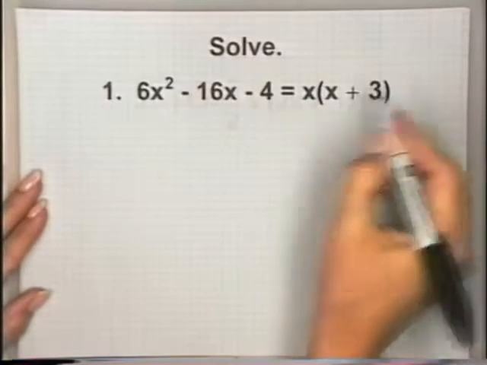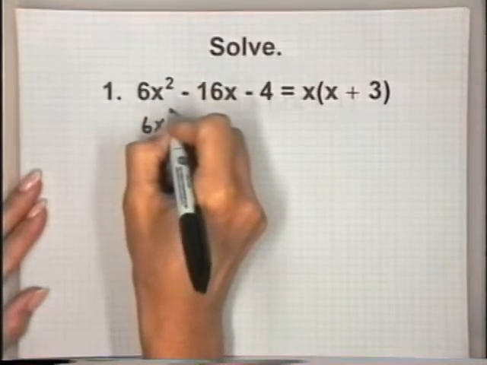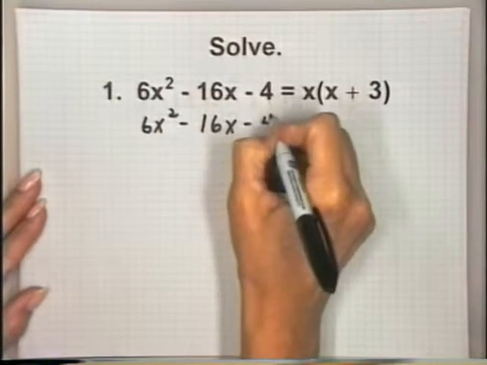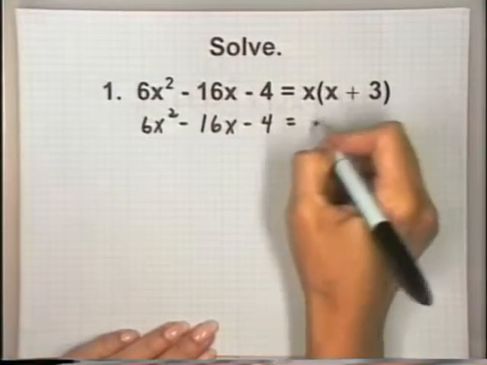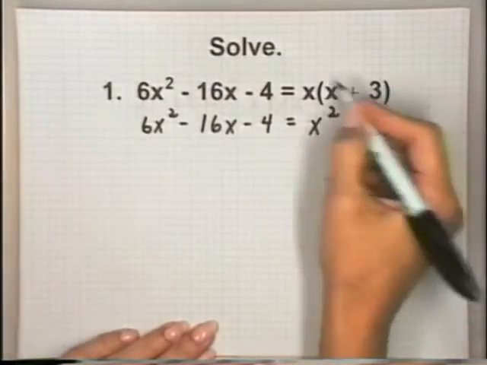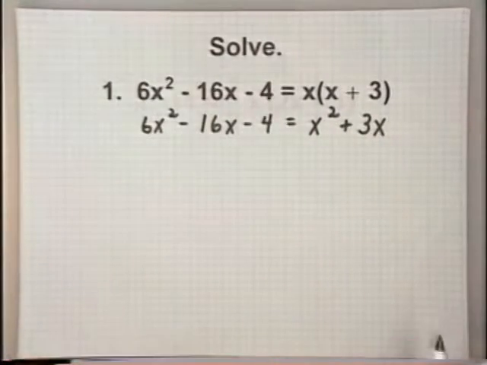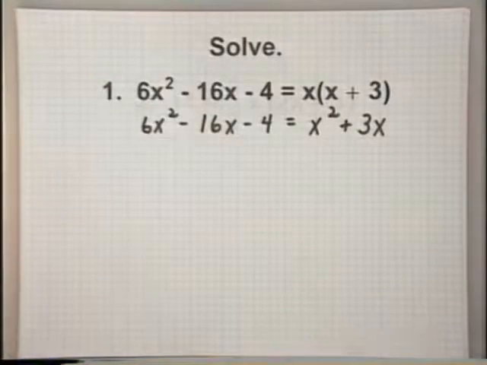Of course, I need to remove the parentheses, so that's what I will do first. I need to distribute the x. X times x gives me x squared. X times 3 gives me 3x. Since it's quadratic, to write it in standard form, I want to set it equal to 0.